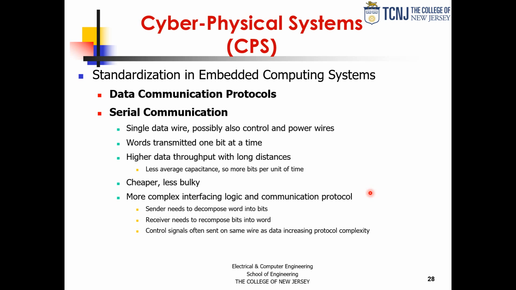Serial is physically very inexpensive. It's a few wires, versus parallel. Wires are expensive. Interconnect is expensive, whether you're talking about chip design, board design, cabinet design, or system design. Harnesses and wires are a major part of the expense of the system realization.